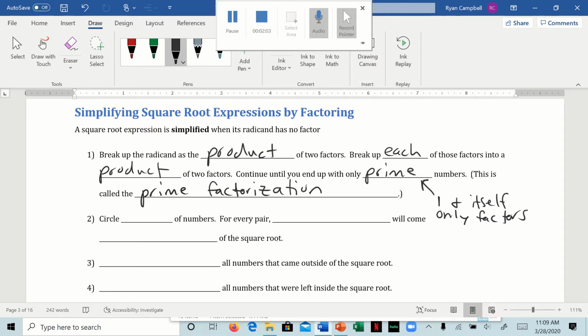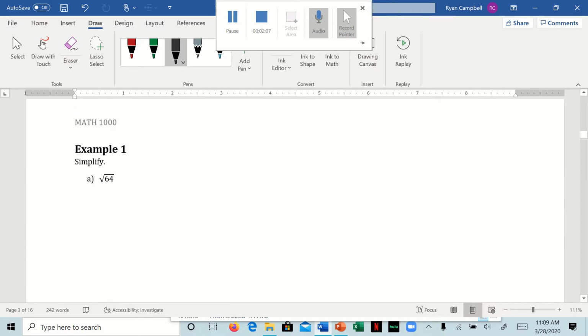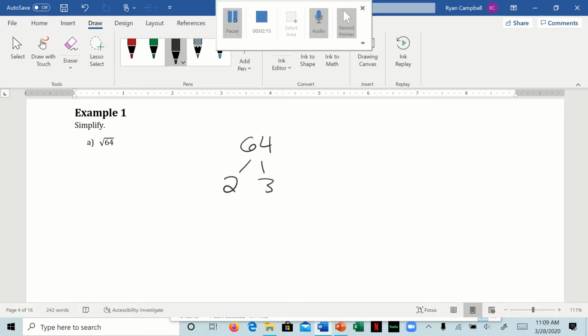All right, so let's go ahead and do an example as we do this. So we can have 64. We can break up 64 into the product of 2 and 32, right? Can't break up 2 anymore, because that's just 2 and 1, but we can break up 32. That's going to be 2 and 16, right?